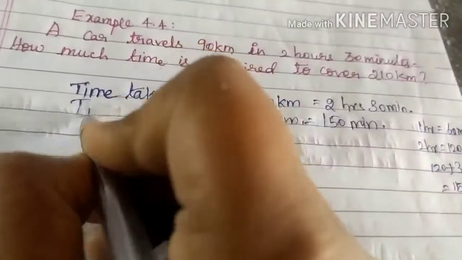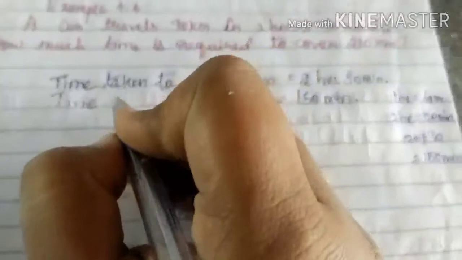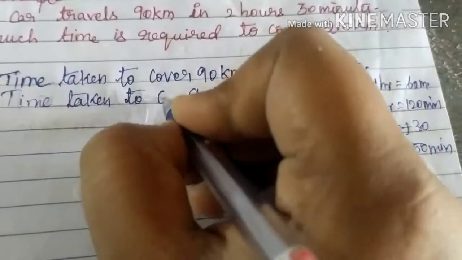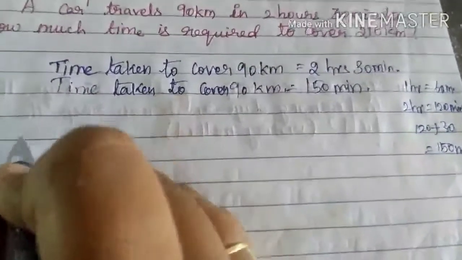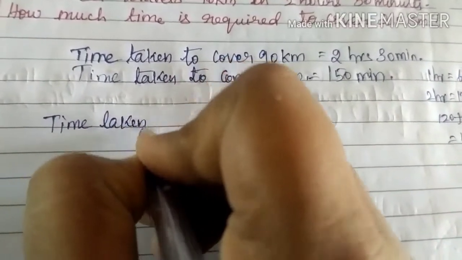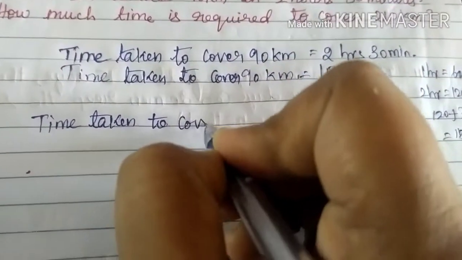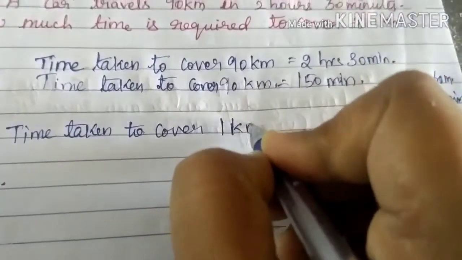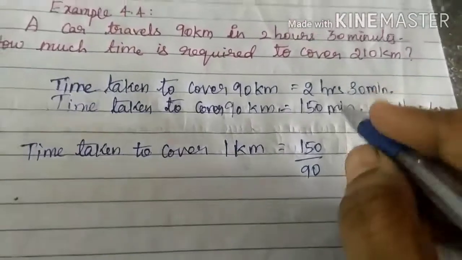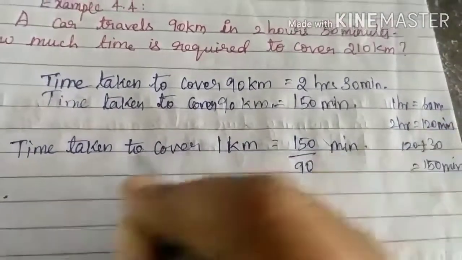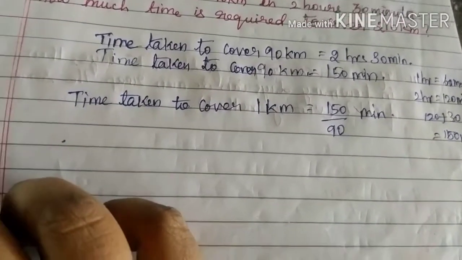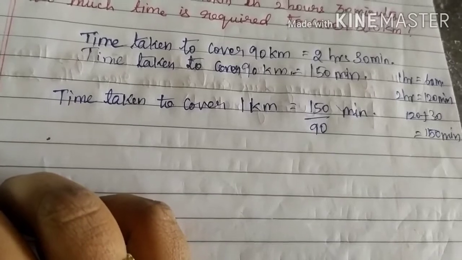So again I will write it here: time taken to cover 1 kilometer is equal to 150 divided by 90 minutes. Okay? So how much will 150 divided by 90 come to?